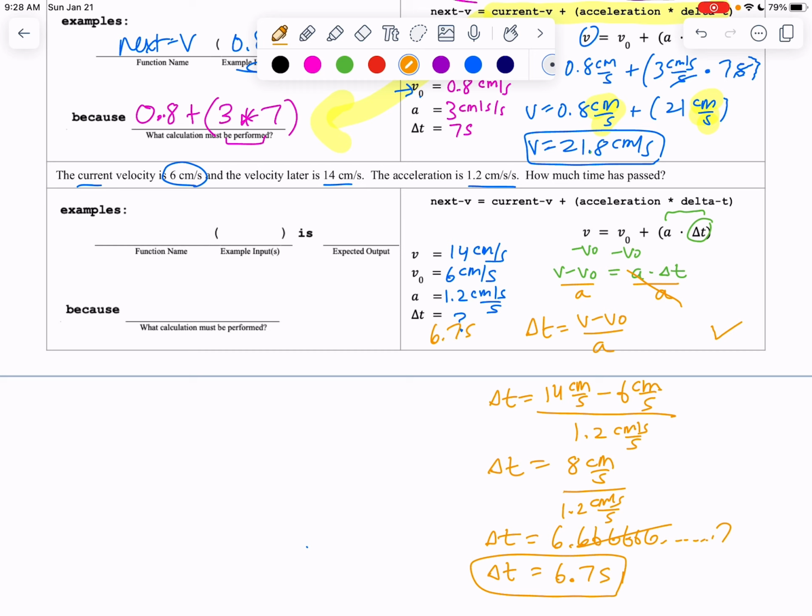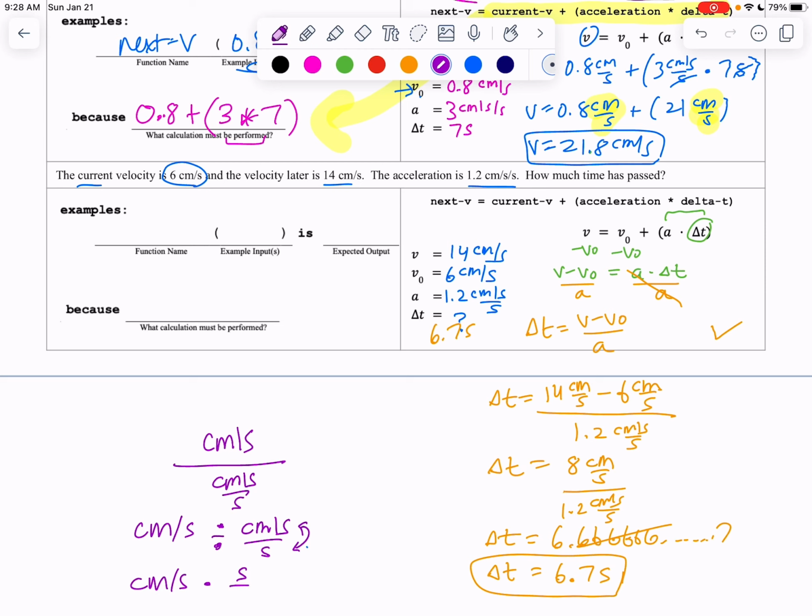In case you're wondering how the units work out, I have a centimeter per second divided by a centimeter per second. So remember in, like baby math, if you write it like this with the divided by symbol, that's the same thing as multiplying by the reciprocal.